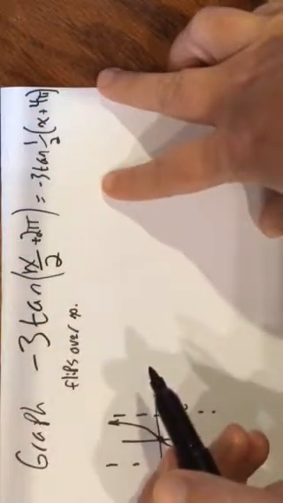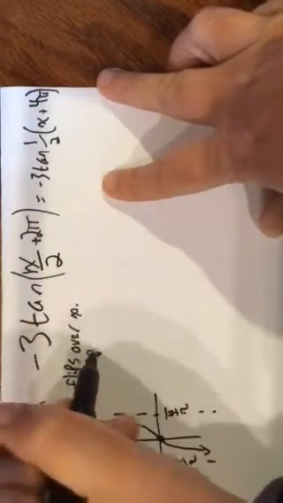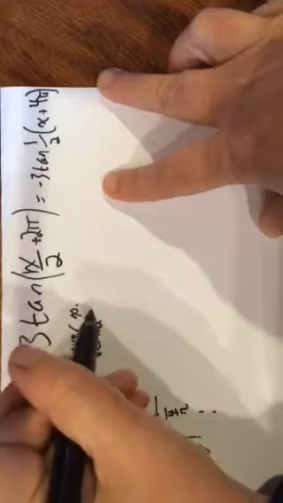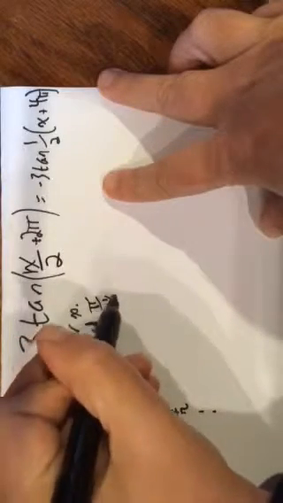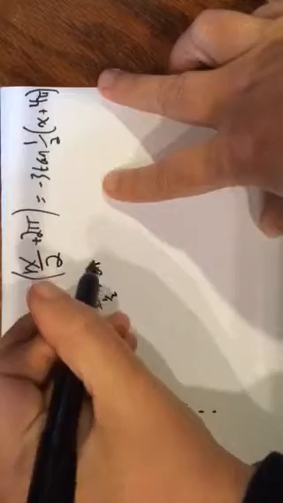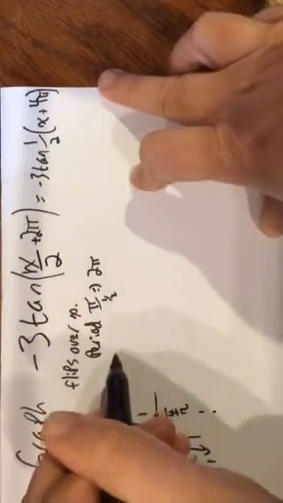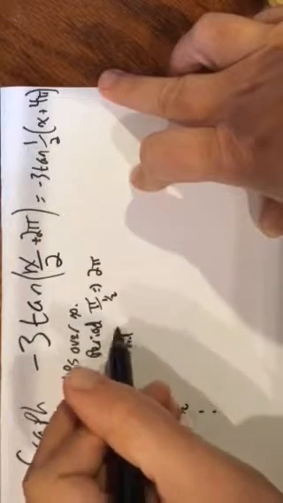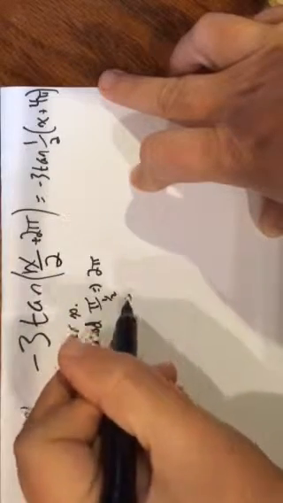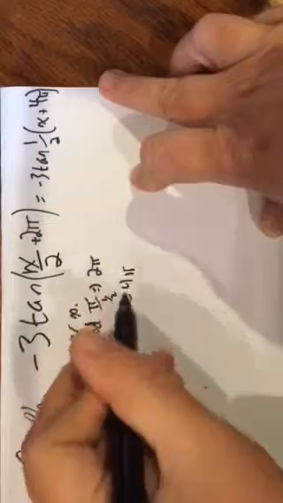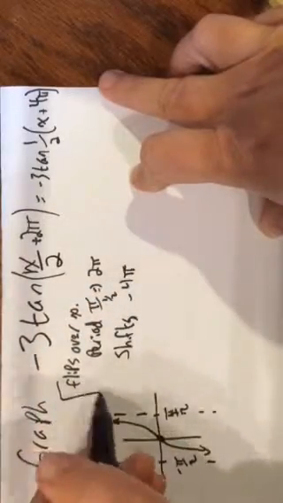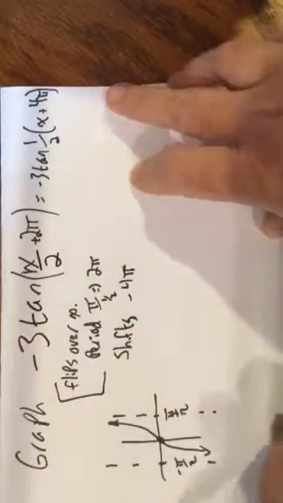So this thing would have a period of pi divided by 1/2. Again, flip and multiply, 2 pi. Okay, and it shifts left 4 pi.